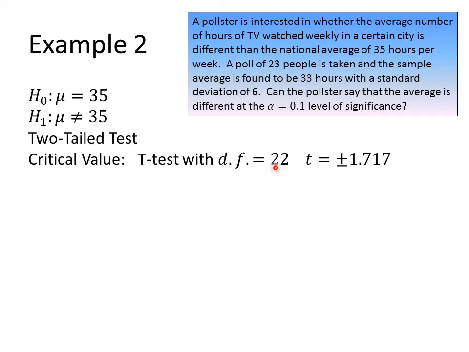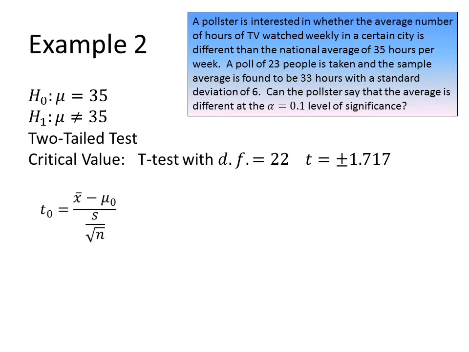And if we look at the column for 0.05, we find that t is going to be plus or minus 1.717. That is, if we get a number that's bigger than 1.717, or less than negative 1.717, we reject the null hypothesis. With a two-tailed test, the critical region is actually on both sides.